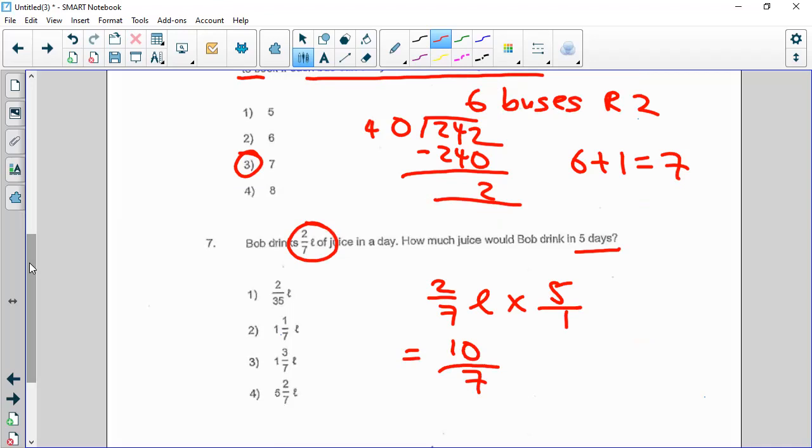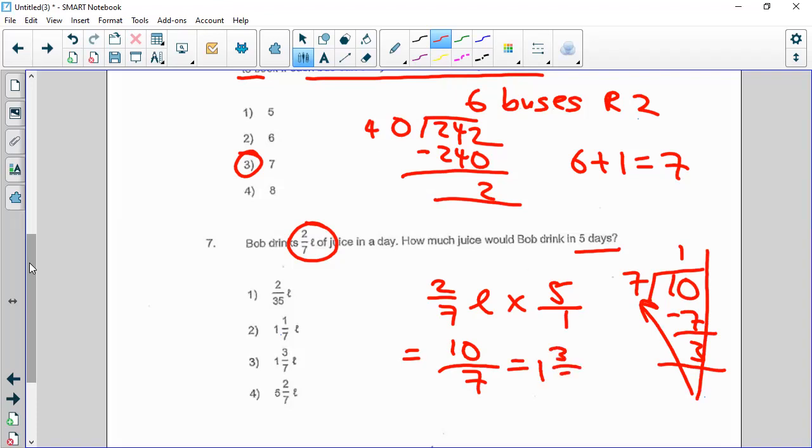And then change the improper fraction into a mixed number. So you will have to do your long division. 10 divided by 7. So 1 times 7, and then you get a remainder 3. So what's the mixed number? 1 and 3 over 7. So how much orange juice did he drink? There'll be 1 and 3 over 7 liters. So answer will be number 3.